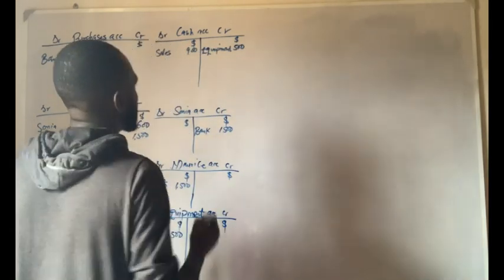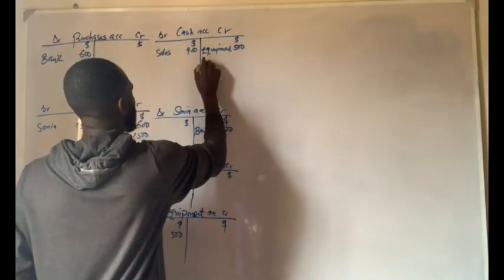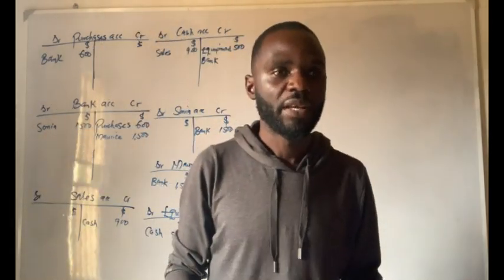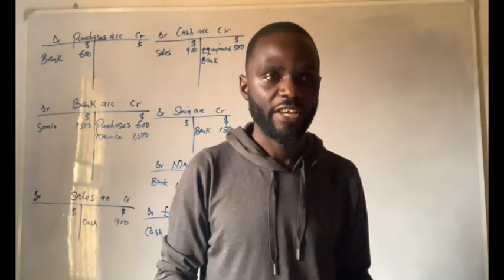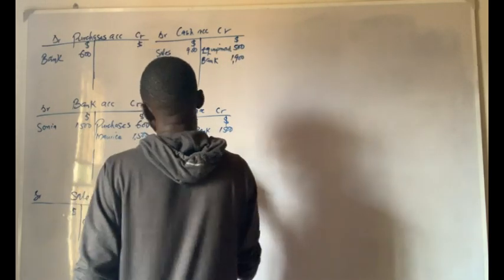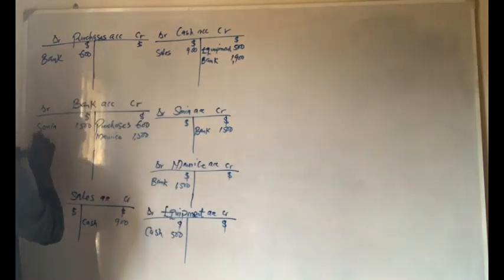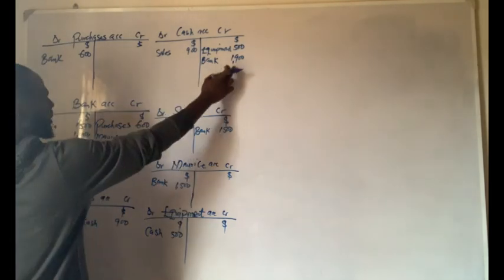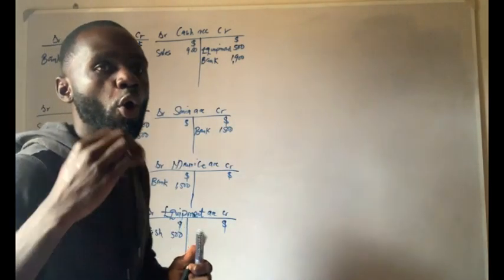So if we take cash, it means that cash is a giver. So we have bank here. And how much was taken? We took $1,900. So the bank now receives cash of $1,900. So this is the double entry. This entry is called contra entry.